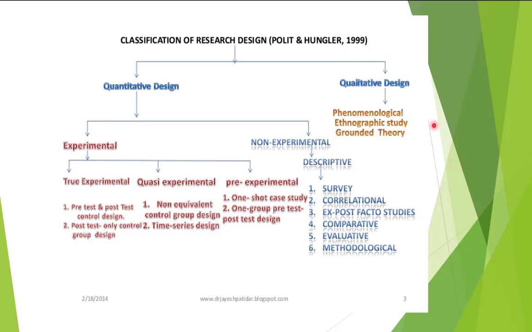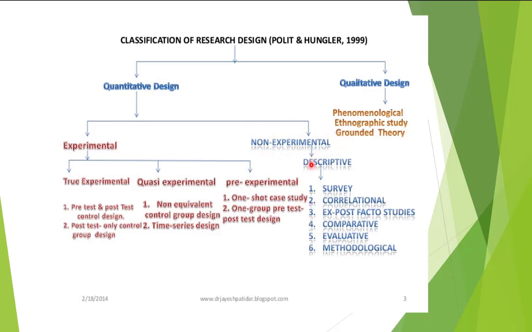So that's for the qualitative research design. On the other hand, quantitative research design is subdivided into two, experimental and non-experimental. Later on, you are going to identify why it is called experimental and why it is called non-experimental. So I'll discuss first the non-experimental.